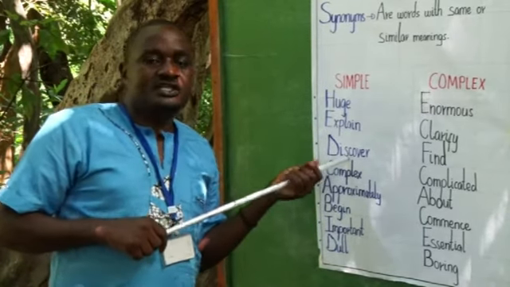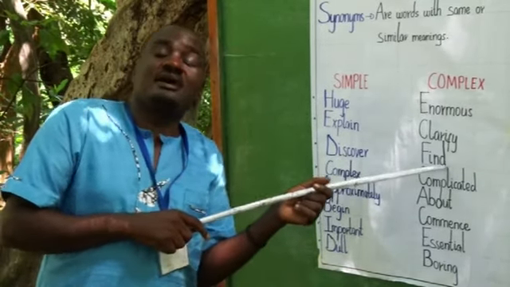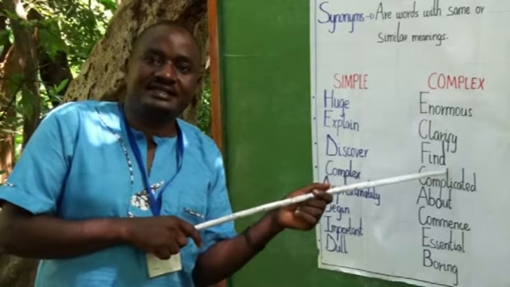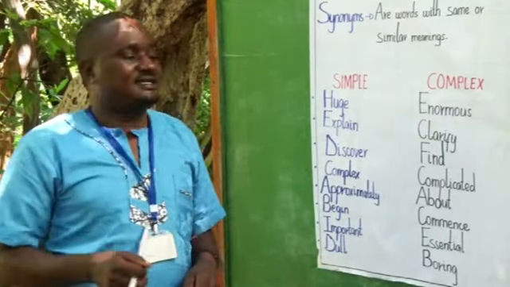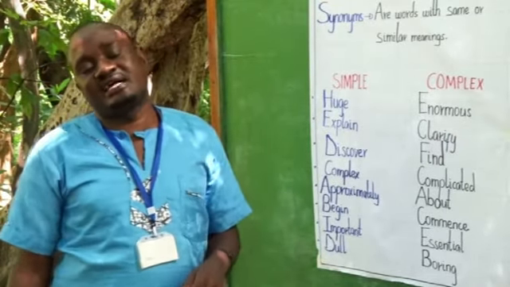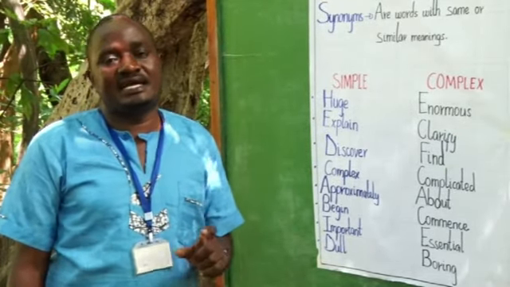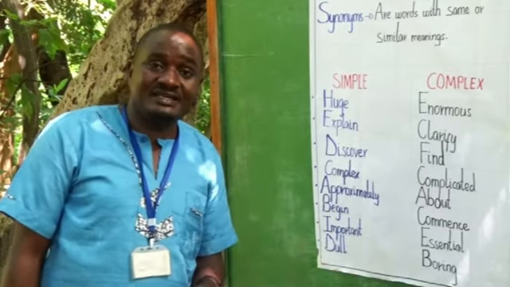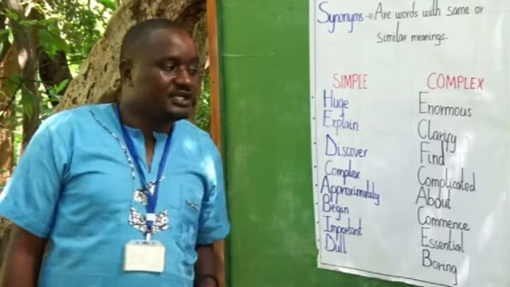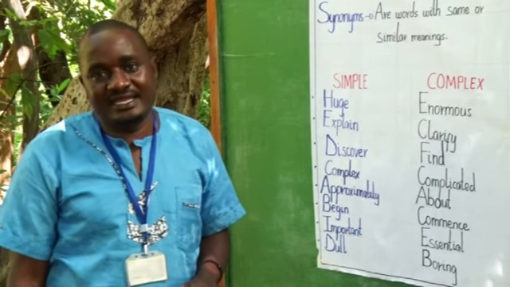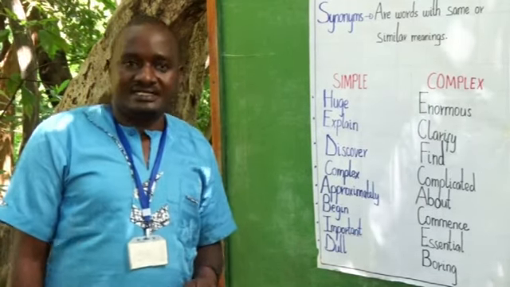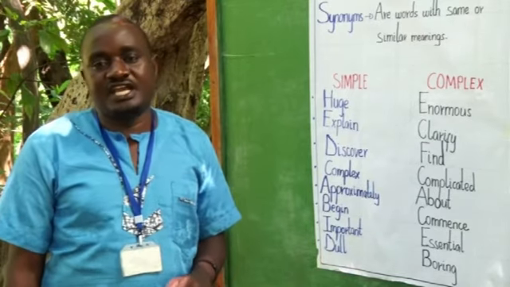Discover. To discover has the same meaning as the word find. In history, we learn about the discovery of the skull of mankind, which was discovered by Dr. Louis Leakey in 1959 at Olduvai Gorge in Arusha.